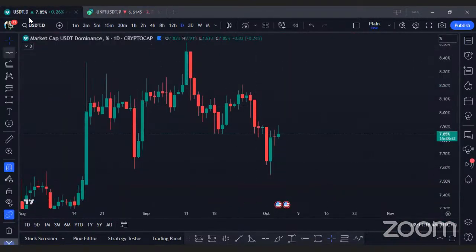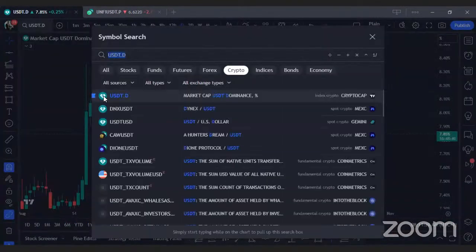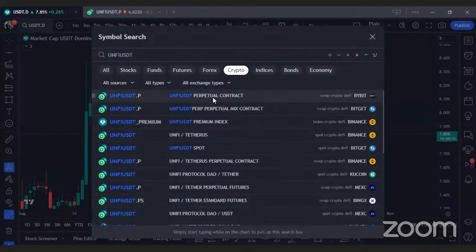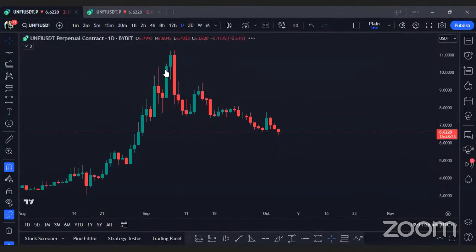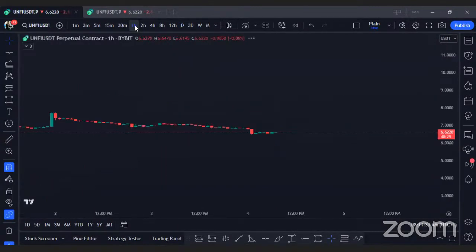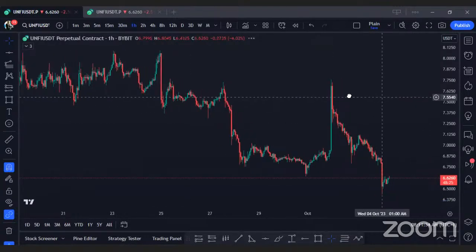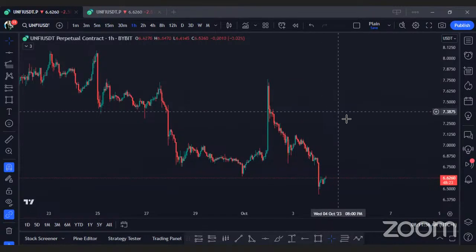Now, if I look at a clean chart for that token, let me do UNFI USDT. Here, let's do 1 hour.